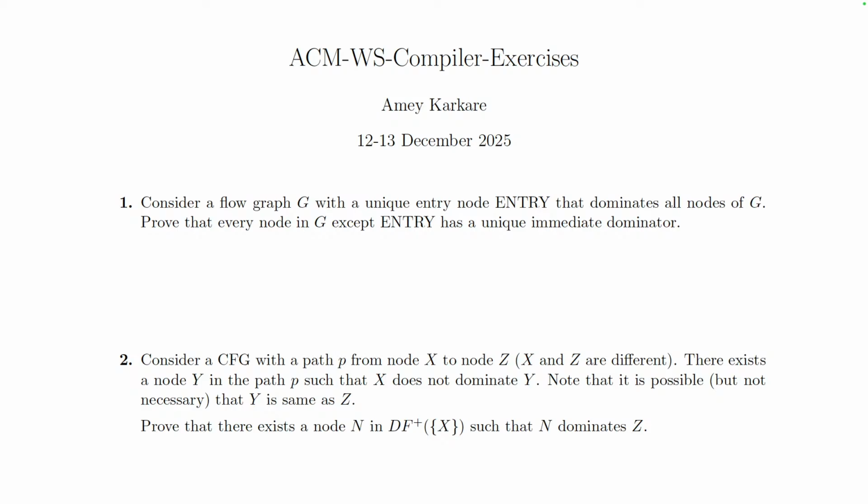Okay, so it's a path where y is on the path that x takes to z through y. So there should be an arbitrary node n which dominates z. Yes. So that is the case. But how do you prove that? That's the proof you have to give.